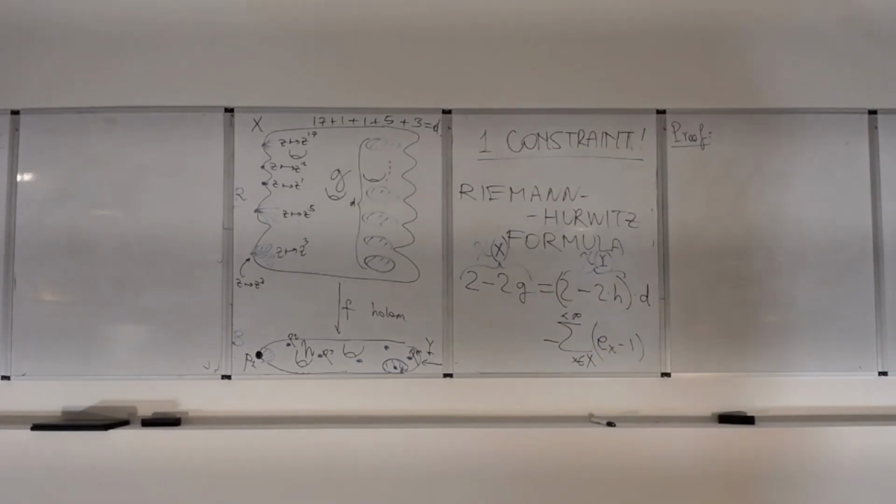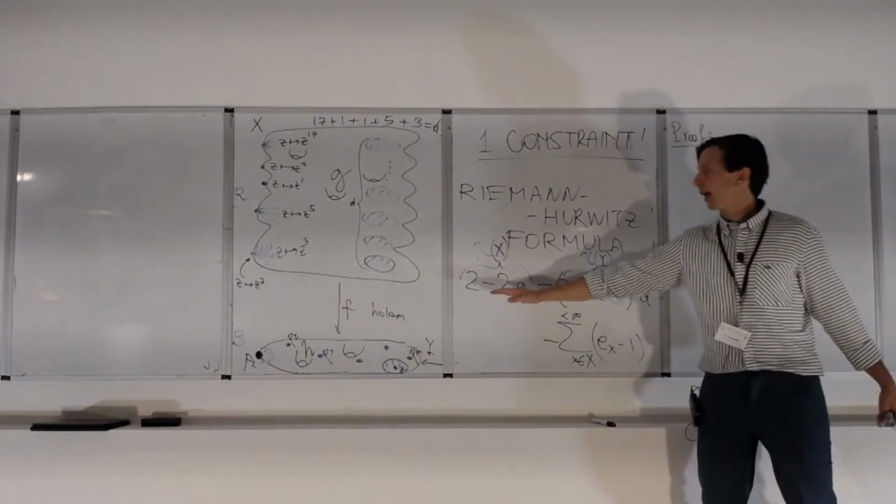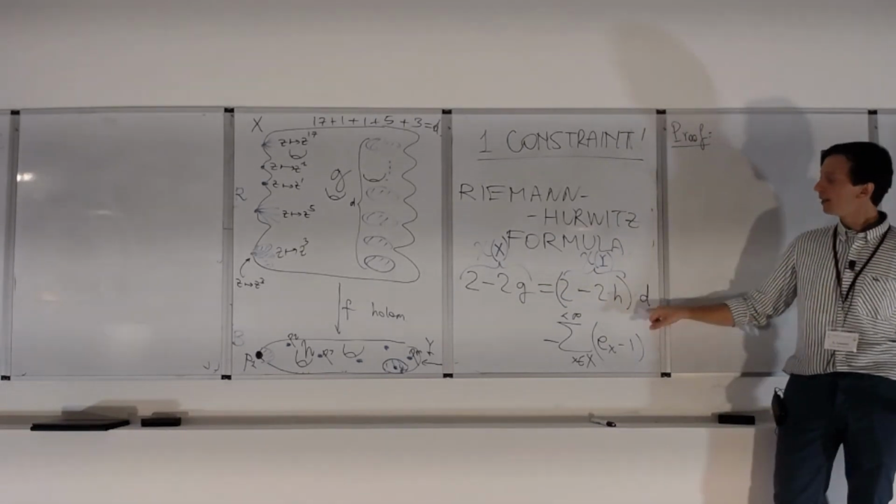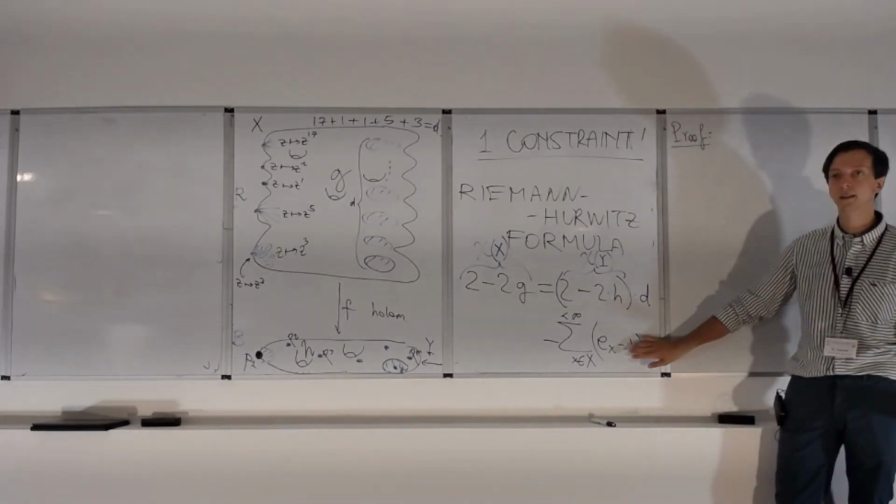So now I'm saying the following, that the Euler characteristic upstairs is equal to the Euler characteristic downstairs times the degree, with a little bit of defect.